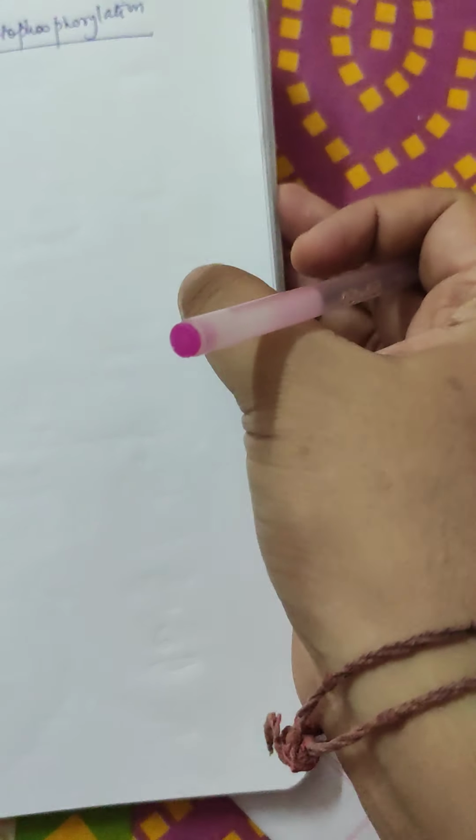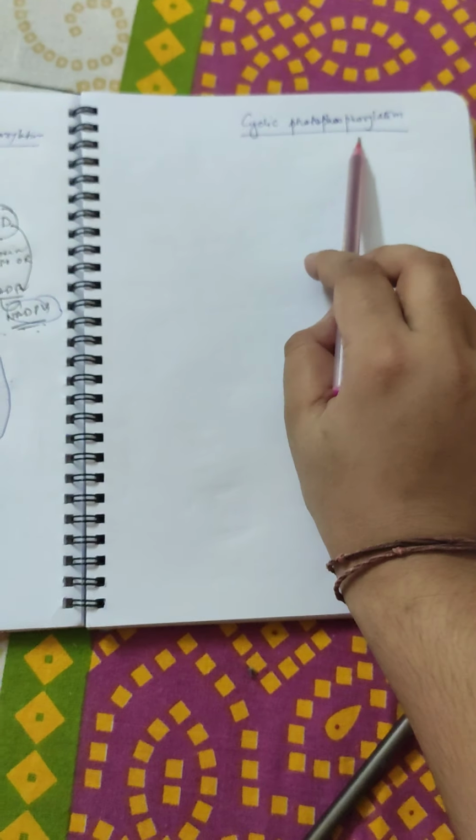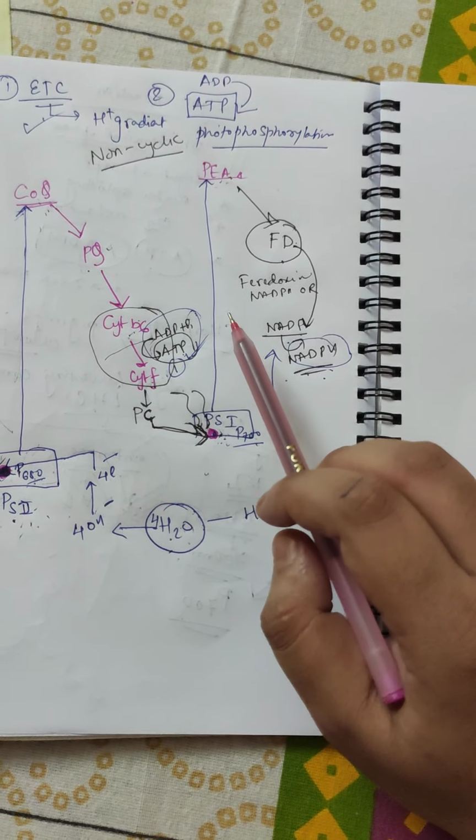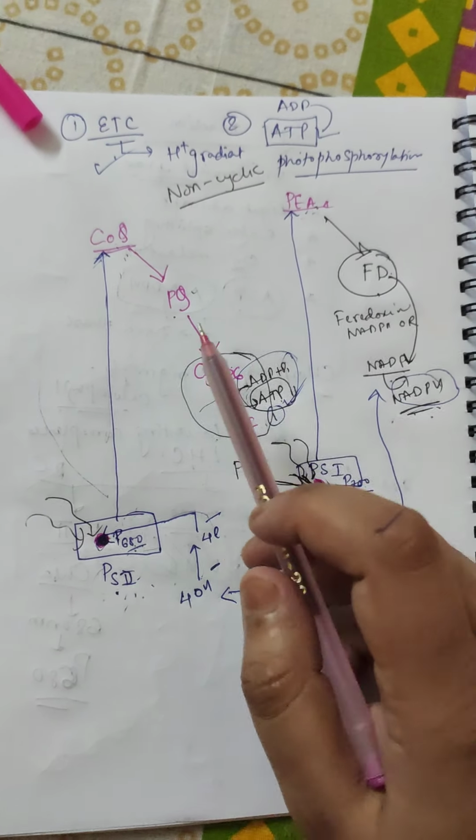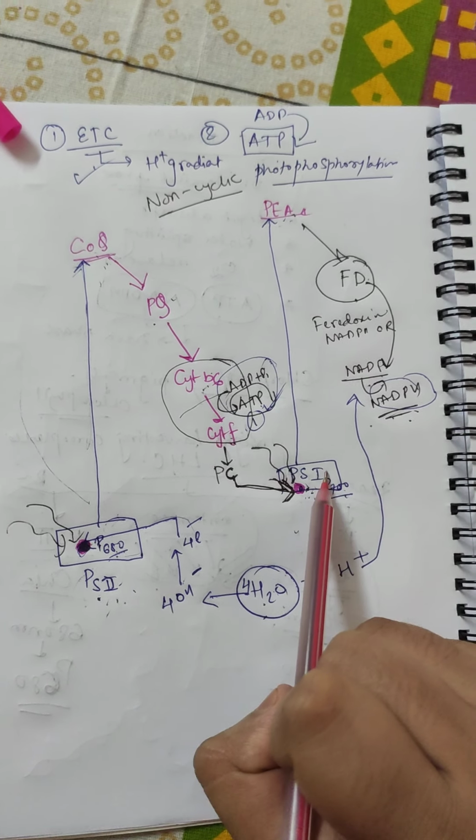We'll constantly be comparing cyclic photophosphorylation with the non-cyclic partner. Now remember one thing, in non-cyclic there are two photosystems involved.